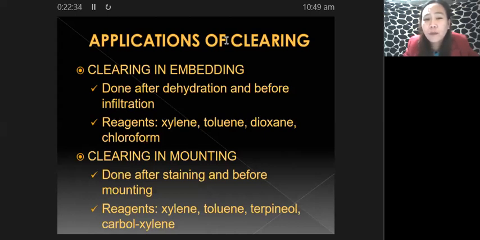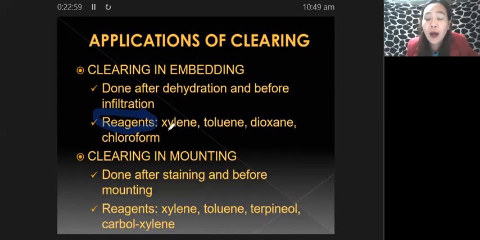Okay, so if you are going to look at the most important characteristic of the reagent to be used in clearing and embedding, your reagent should be miscible in your dehydrants or dehydrating agents, and it should also be miscible in the embedding medium.